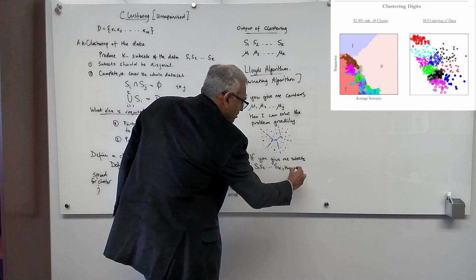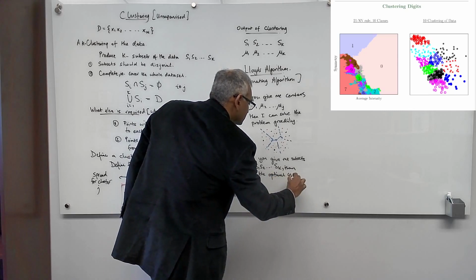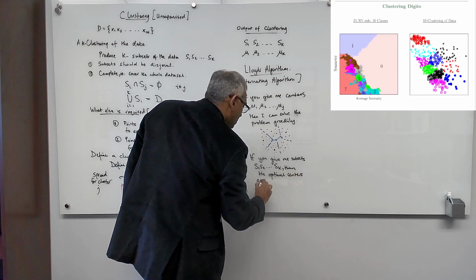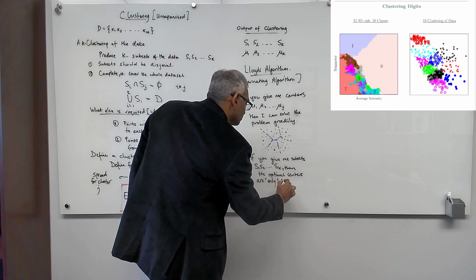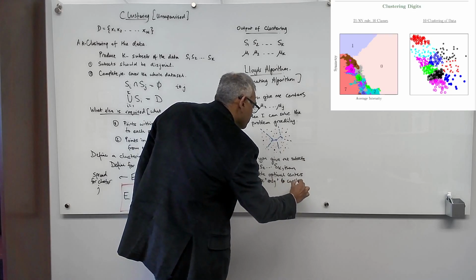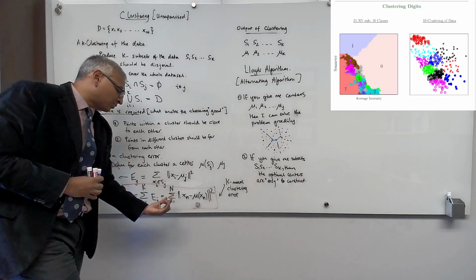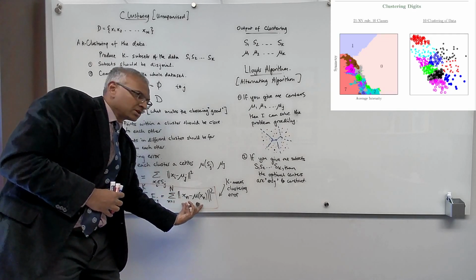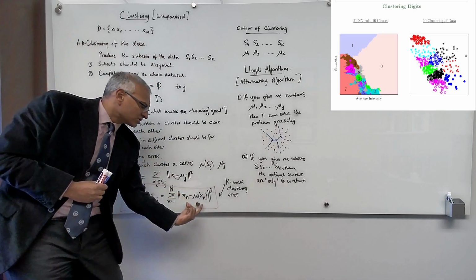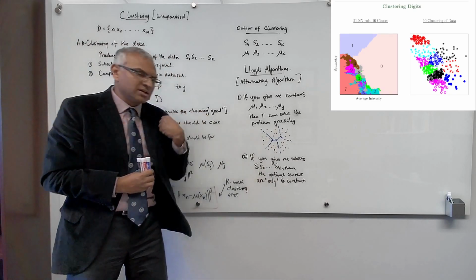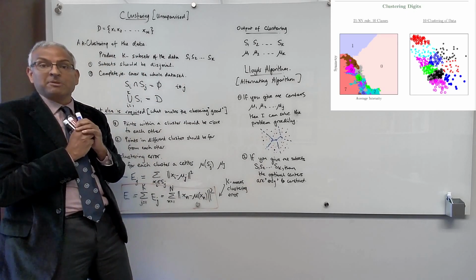The optimal centers are easy to construct. Why is that? It's related to the fact that we're looking at the squared errors. Now you've told me which data points are in each cluster, and because we're using the squared error, it's easy to construct the centers of the clusters. If we were not using the squared error, it might be much harder.